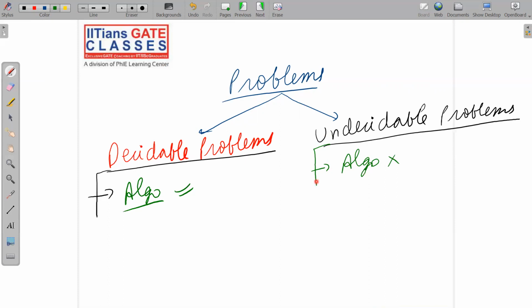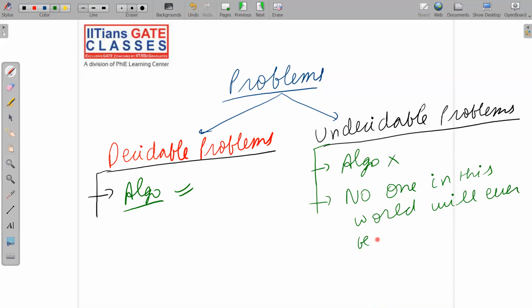Now let me give you a very powerful statement: no one in this world will ever be able to write an algorithm for these problems. So there are some problems like this.